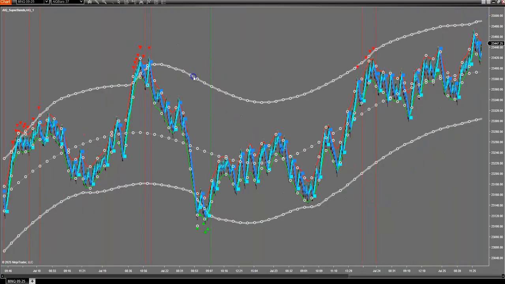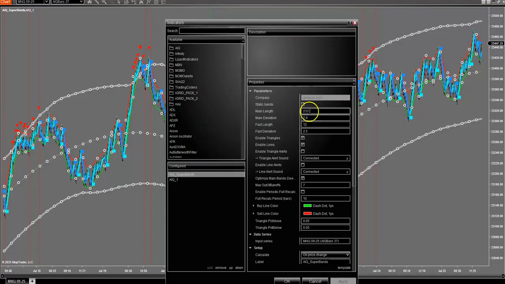Okay, so we'll go back to those settings for a second. So we'll call that good. I wouldn't want to make my bands any more narrow than that for this type of mode. If I make the bands too narrow, then I'm going to miss potential crosses outside the main bands, and I do want to pay attention to those too.